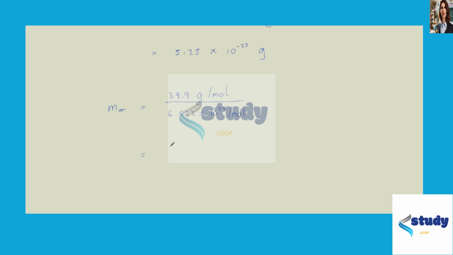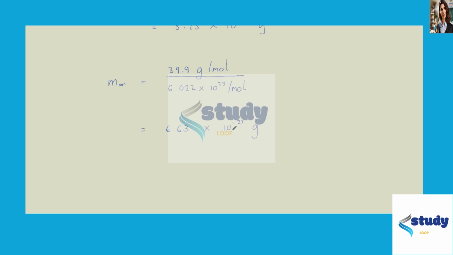And this gives us the mass of a single molecule of argon to be 6.63 times 10 to the minus 23 grams.